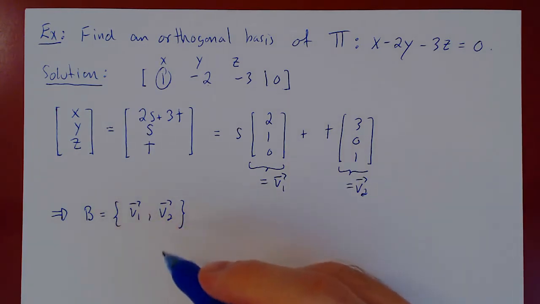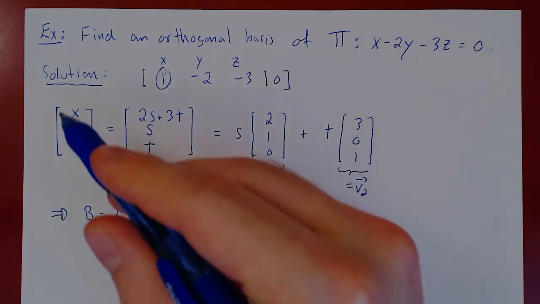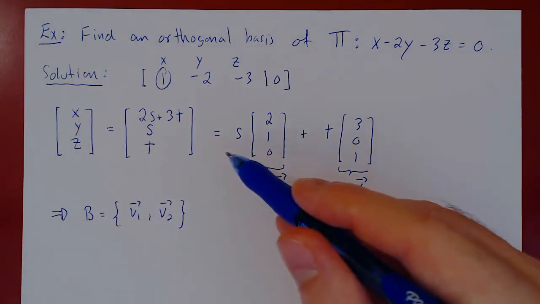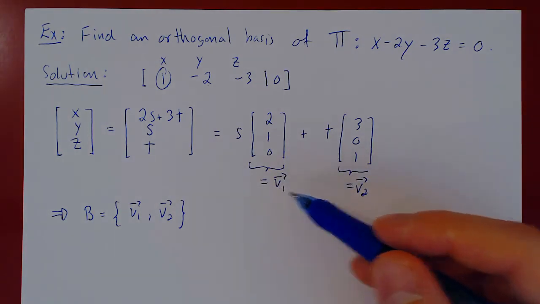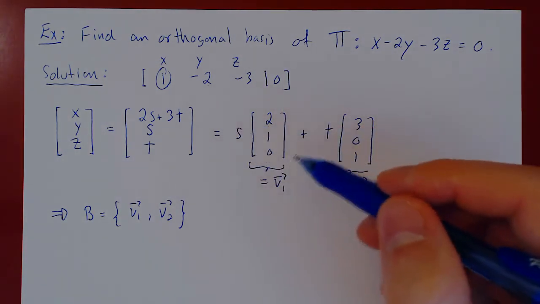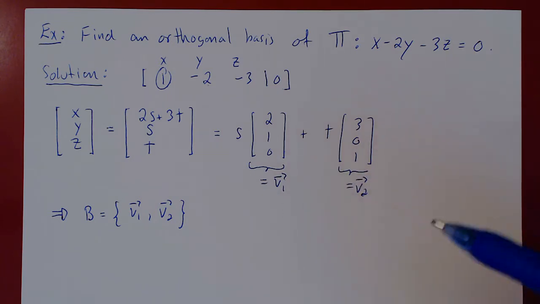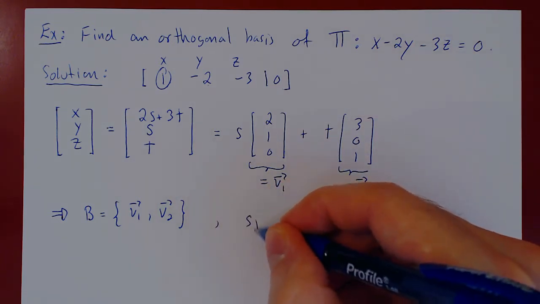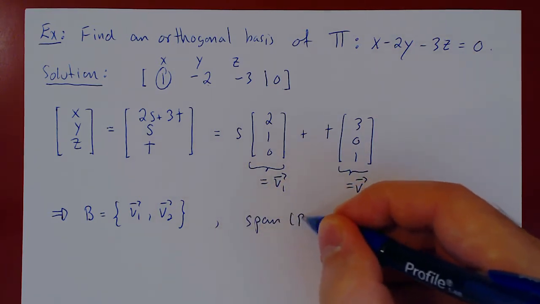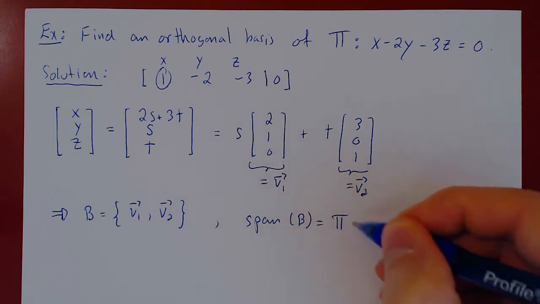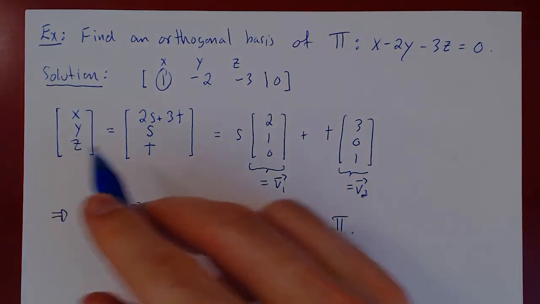So the span of B is the entire plane because every point on the plane is a linear combination of the vectors V1 and V2. Any multiple of V1 plus any multiple of V2. So that's the first condition of a basis. It must span the entire space, which it does.